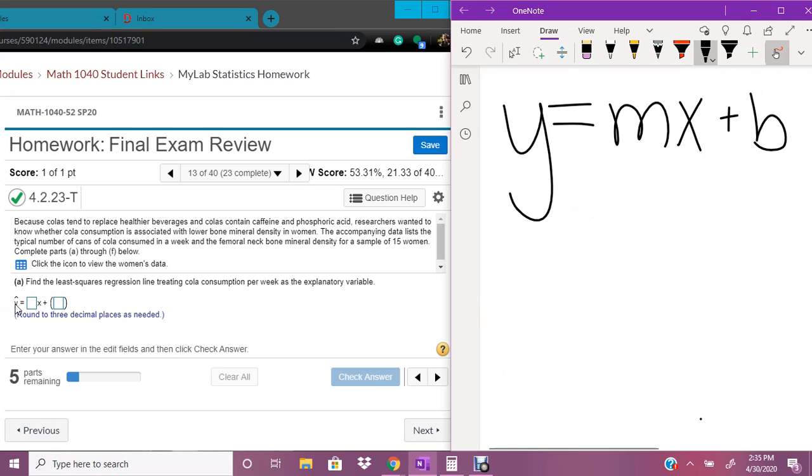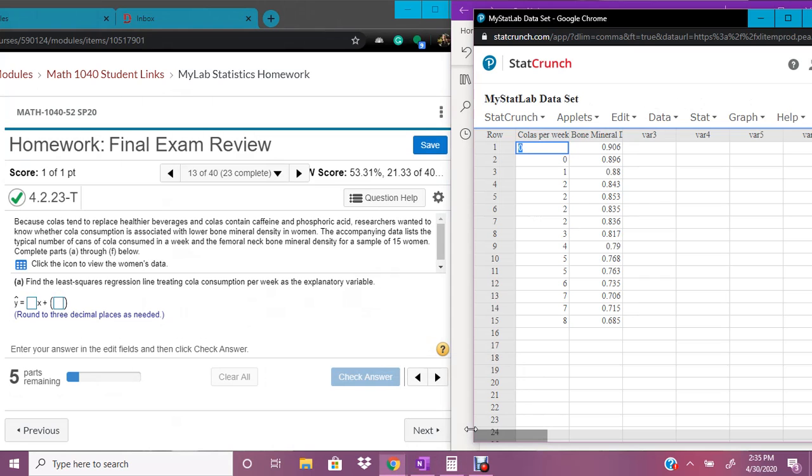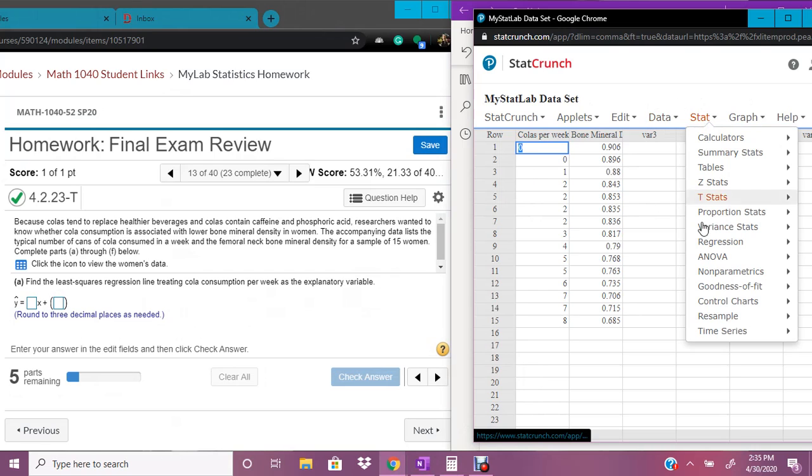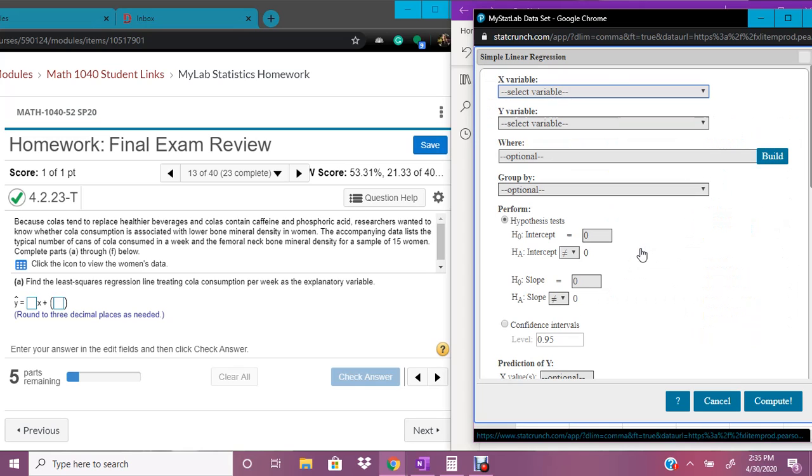And so this is the setup, this y, and then that's the m, x plus the b, which is the y-intercept. I'm going to go back to StatCrunch, our data that we have, and we're going to go to stat, and then regression, simple linear. Our x variable is the explanatory variable, or the one that we have control of.